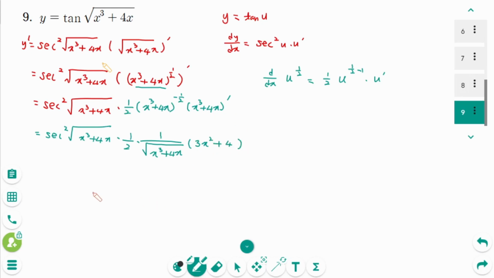The final answer is 3x squared plus 4 secant squared square root of x cubed plus 4x over 2 square root of x cubed plus 4x.